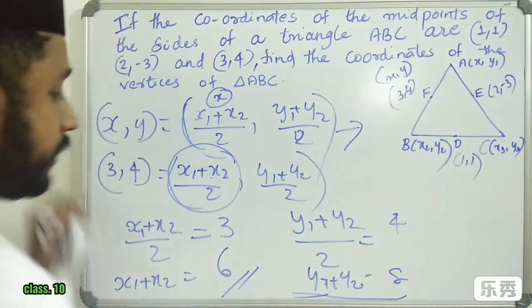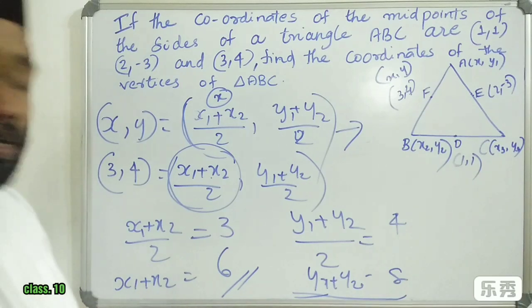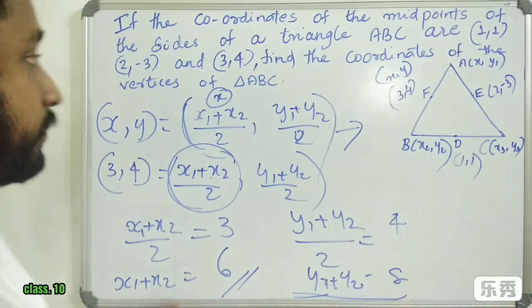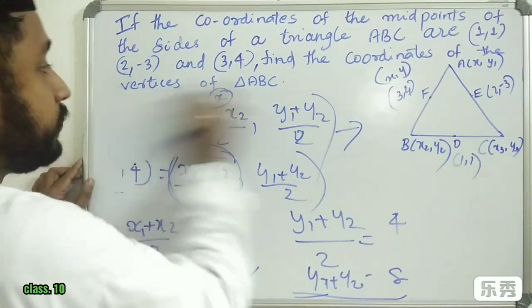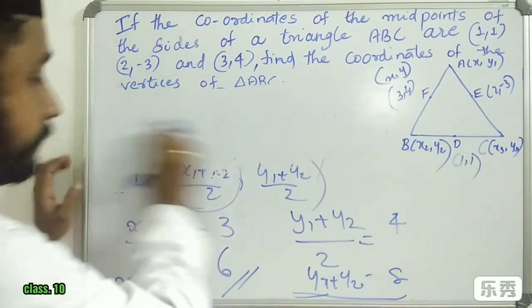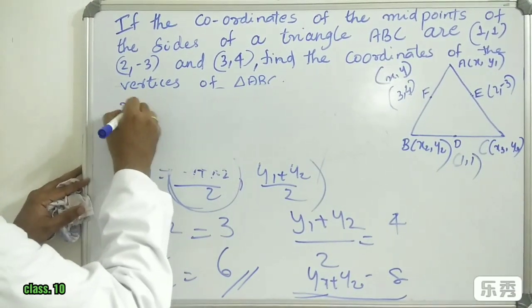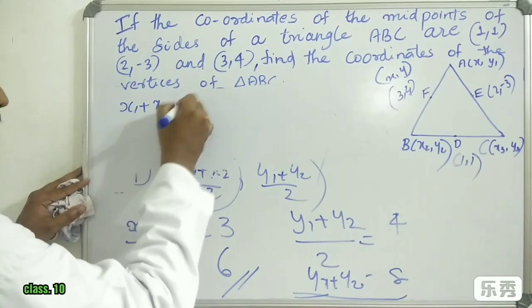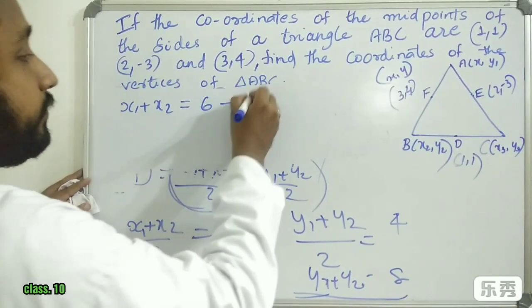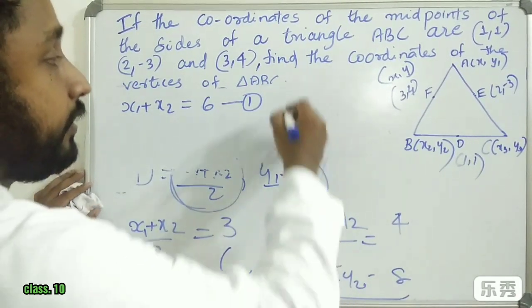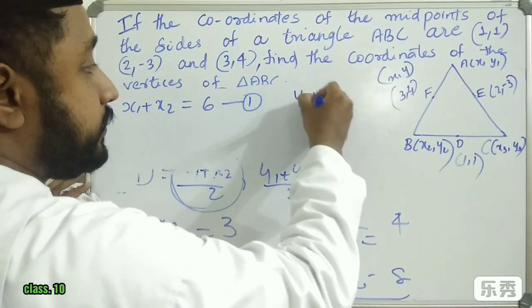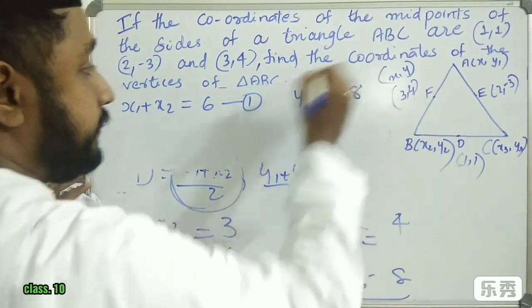So we have two equations: x1 plus x2 is equal to 6, equation 1, and y1 plus y2 is equal to 8.